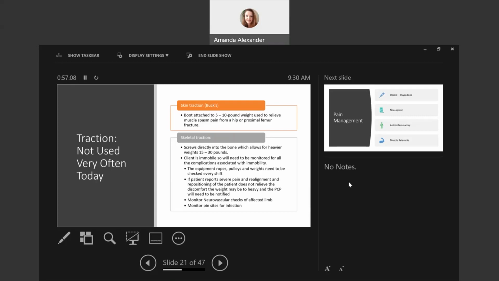When we're talking about complications of immobility, we're talking about respiratory status, cardiac function, bowel sounds. We're going to be doing all of these assessments every shift and pretty frequently, because we want to make sure that the patient doesn't start to have atelectasis from lying in the bed and not being able to move.